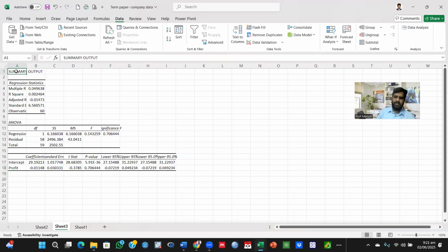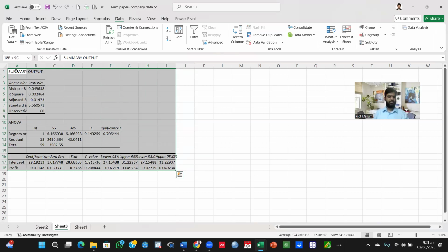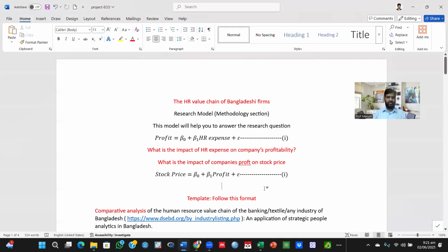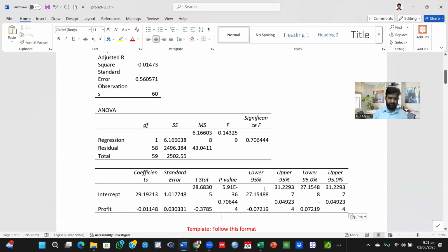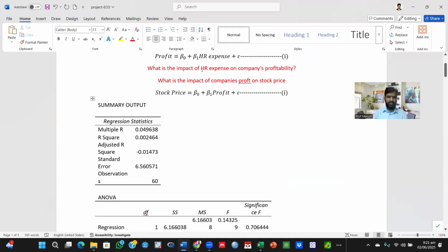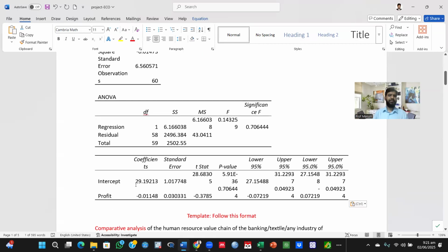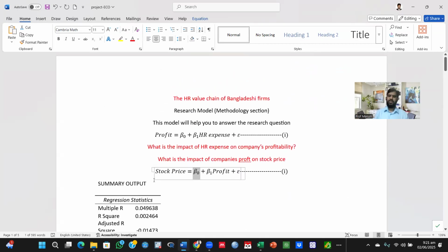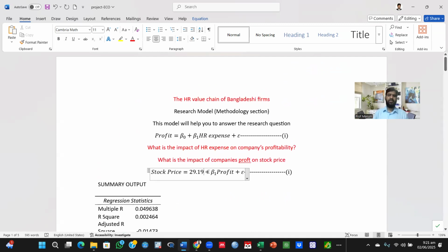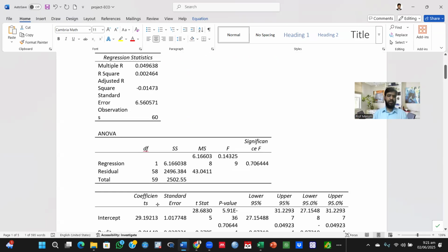Take the results to your results section. Copy, go to the results section. Say for example, this is your results section, and this equation will be here. Beta naught will be 29.19, and beta 1 will be profit.